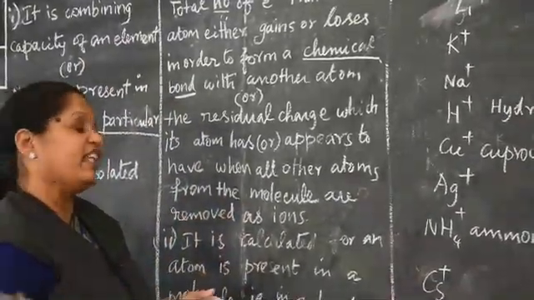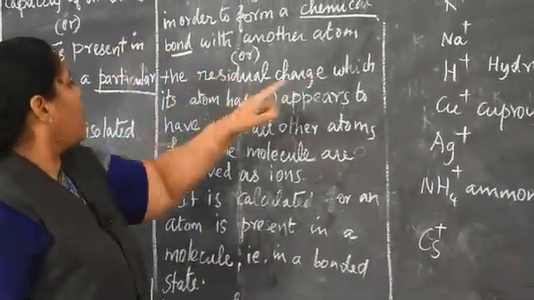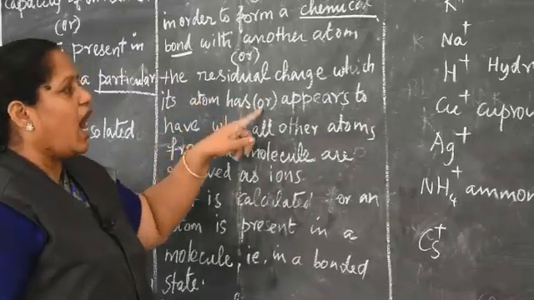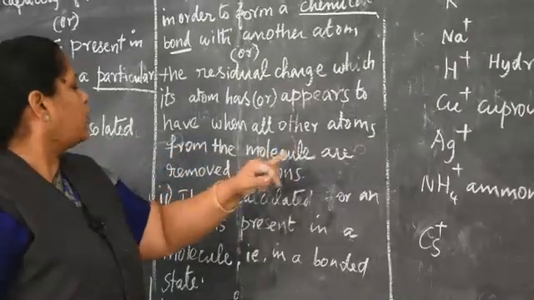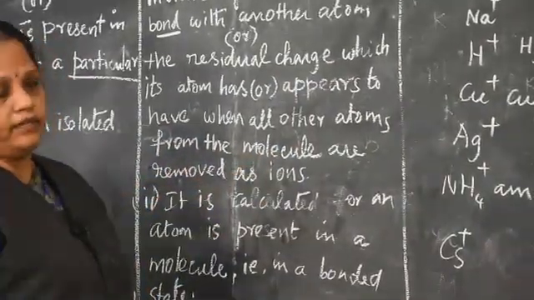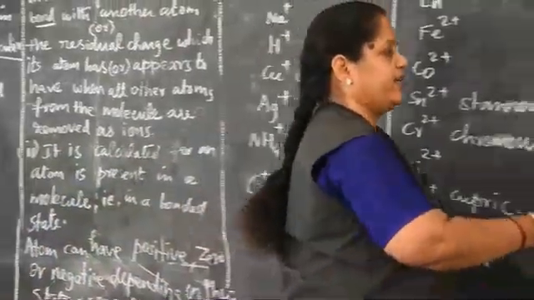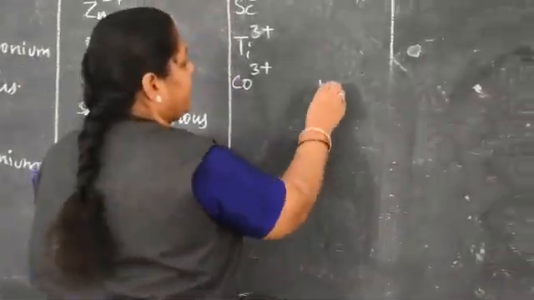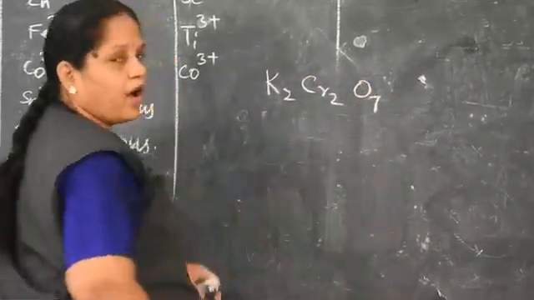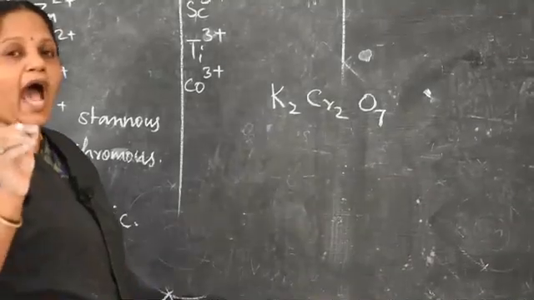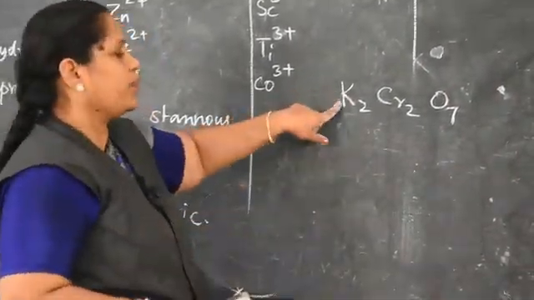Another definition given in our 11th standard book is the residual charge which an atom has or appears to have when all other atoms from the molecule are removed as ions. Okay, let us consider what is the meaning of that. Consider K2Cr2O7. This is a molecule. Suppose I remove these two potassium. What is the charge of this potassium?